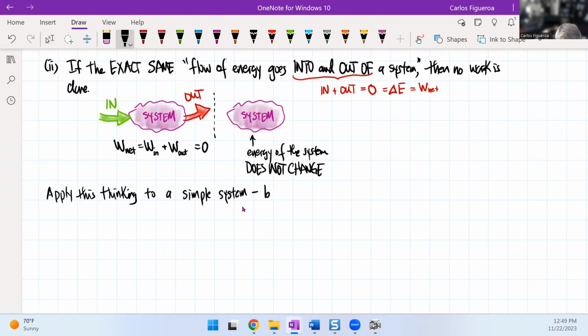Here I'm going to talk about a block. What we're going to do is drag a block across a surface with friction.